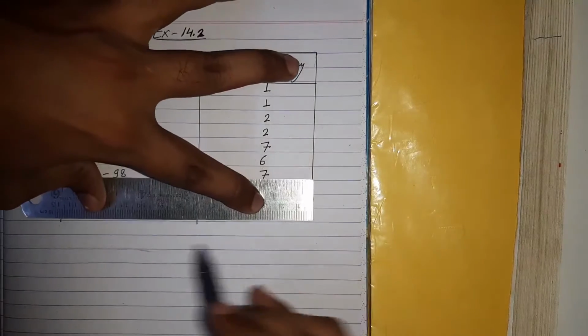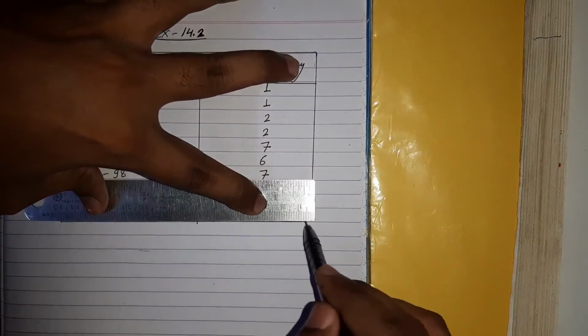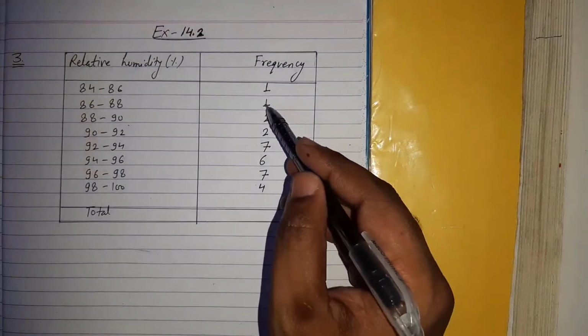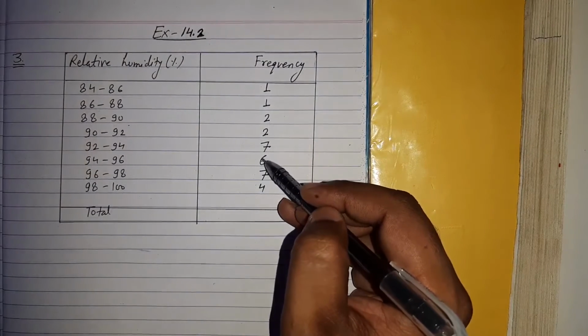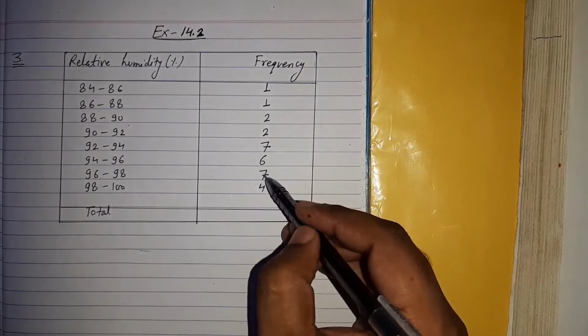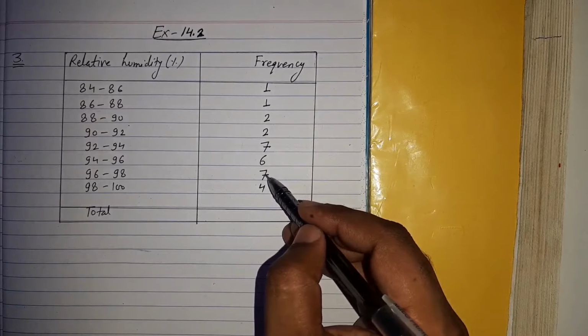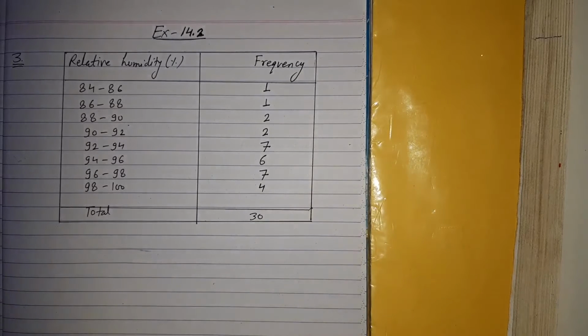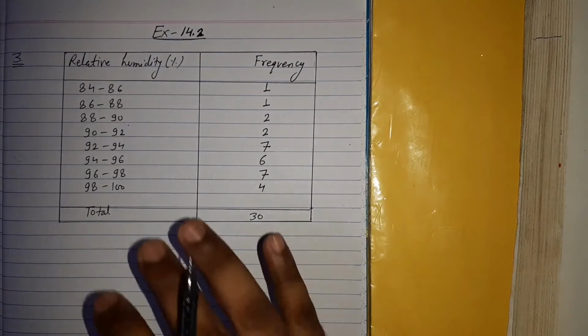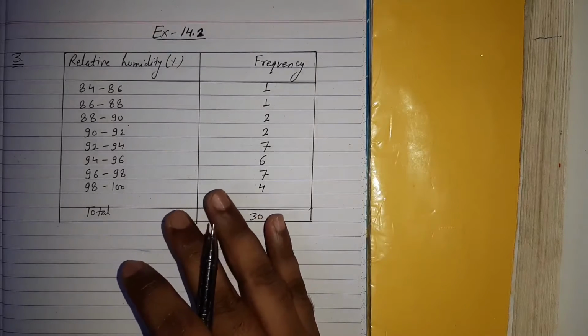So the sum will be 1 plus 1 is 2, 2 plus 2 is 4, 4 plus 2 is 6, 6 plus 7 is 13, 13 plus 6 is 19, 19 plus 7 is 26, 26 plus 4 is 30. So the sum is 30, so it is right. So this is the group frequency distribution table.